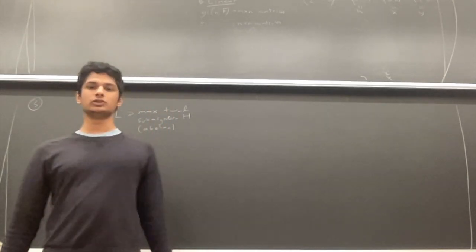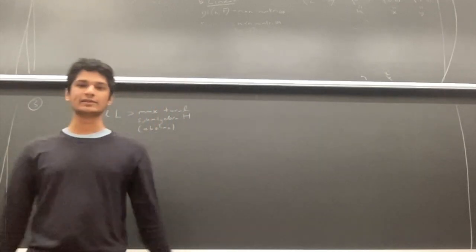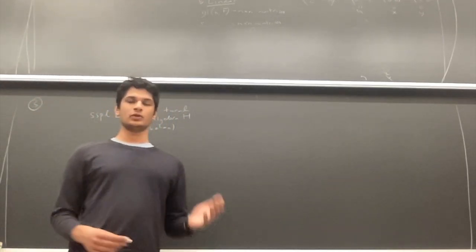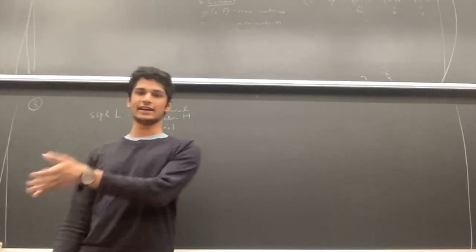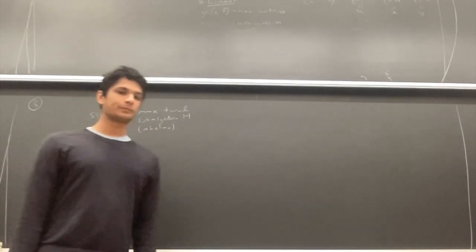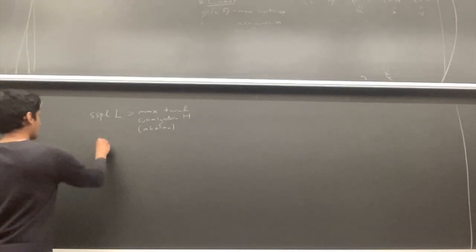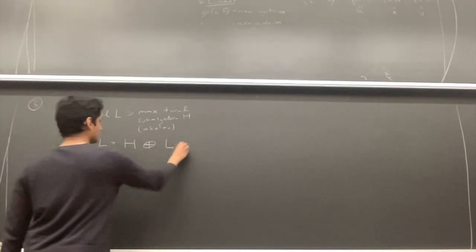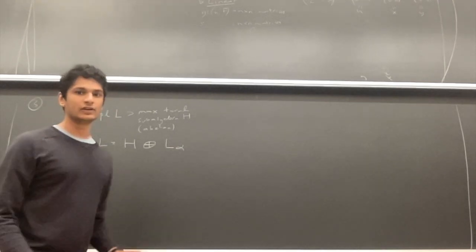We know from linear algebra that we can diagonalize all of them at the same time. So H acts on L with respect to some basis as a bunch of diagonal things. Therefore, we can decompose L into H plus a bunch of these L alphas, where alpha is in the dual.